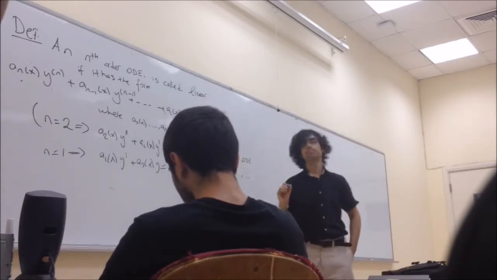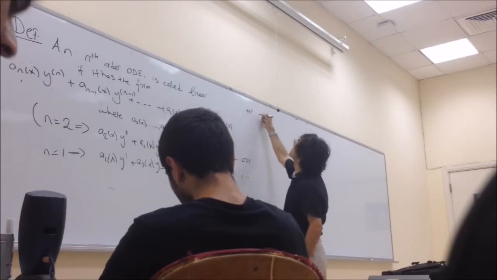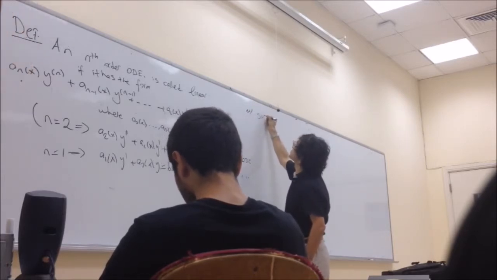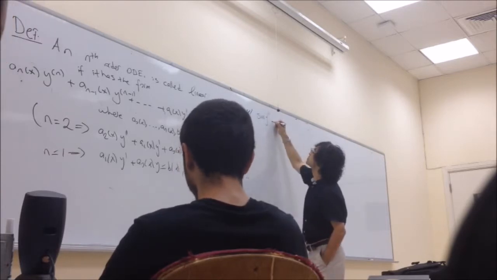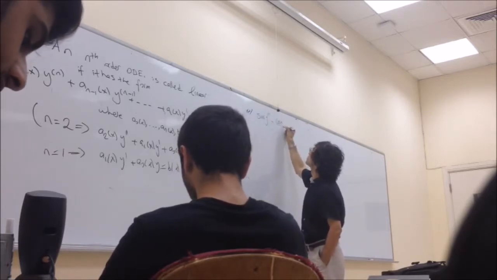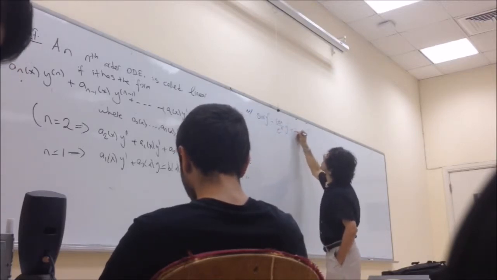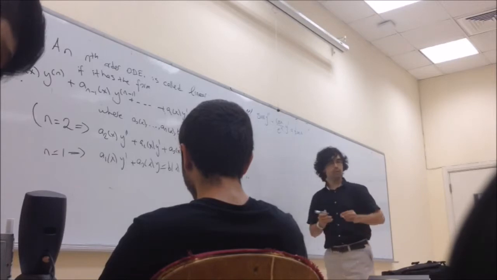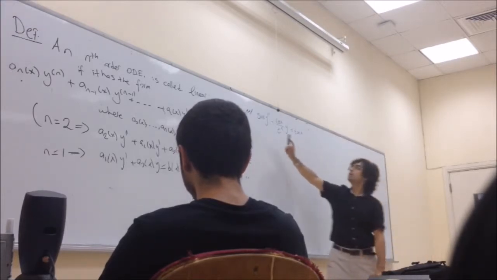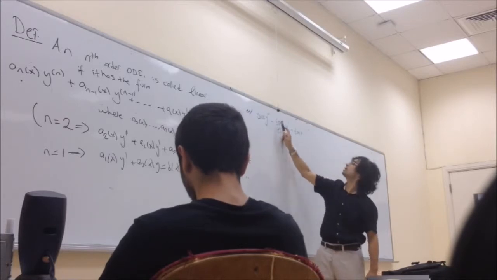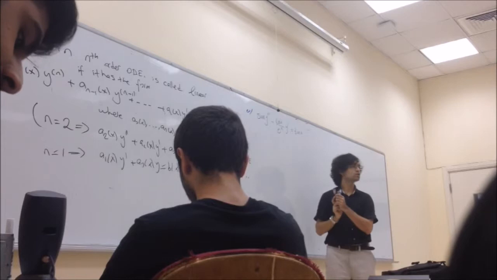So for example, if you look at this equation, okay, you have sine x times y triple prime minus cosine x over e to the x times y prime is equal to tangent of x.